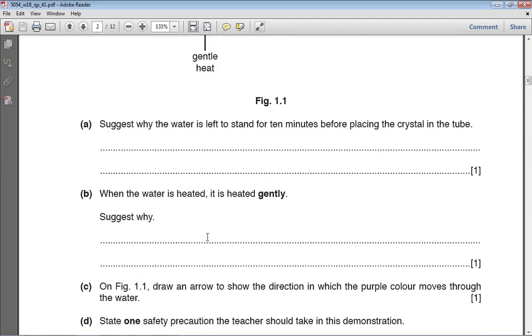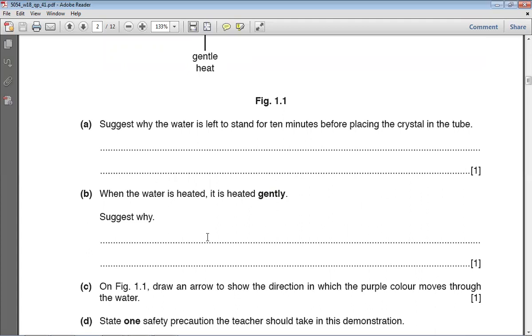Suggest why the water is left to stand for 10 minutes before placing the crystal in the tube. When you put the water in the tube and touch the tube, the water will be disturbed, it will be moving. So you let the water settle before you place the crystal.